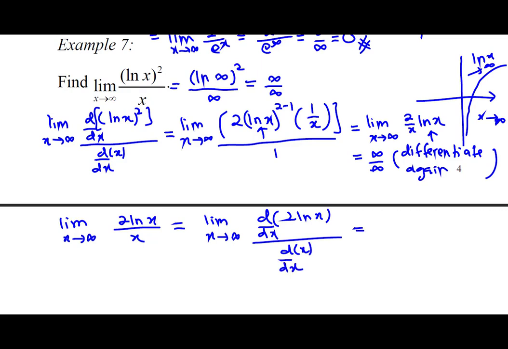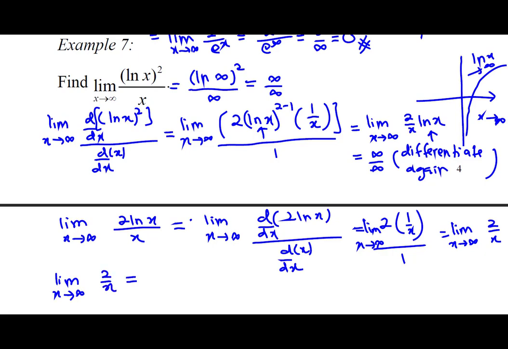You will get 2 over x divided by 1, so 2 over x. Don't forget the limit here. So this equals the limit as x approaches infinity of 2 over x. Now substitute the value of infinity: 2 over infinity, you get 0.